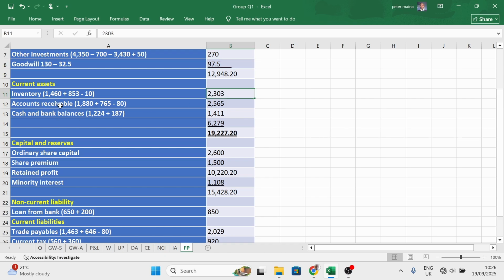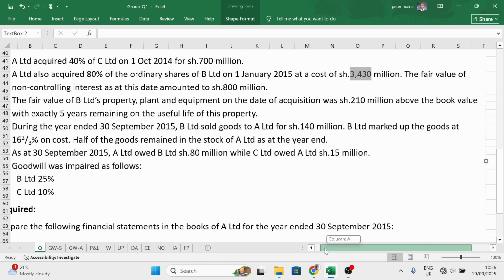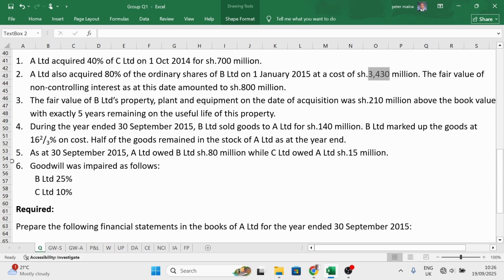Next, we have accounts receivable. If we have intercompany debts, we are supposed to adjust them in accounts receivable as well as in the accounts payable. In this case, we had intercompany debts between the parent and the subsidiary.